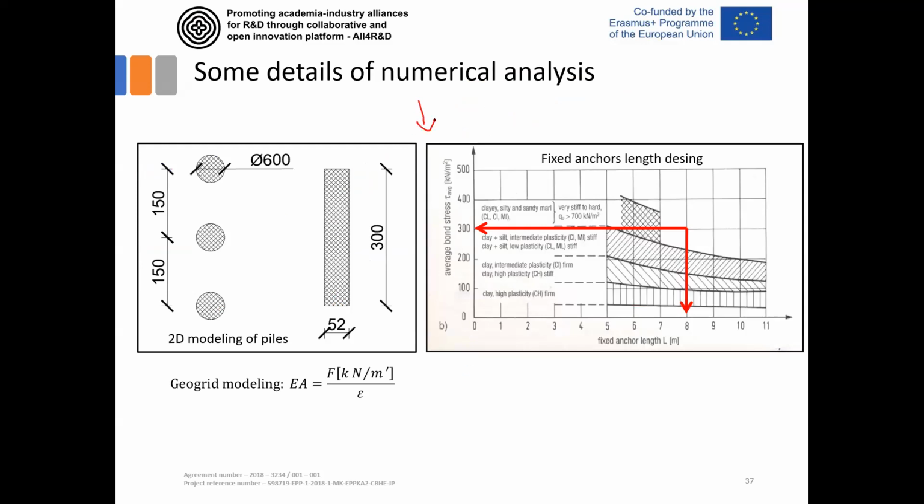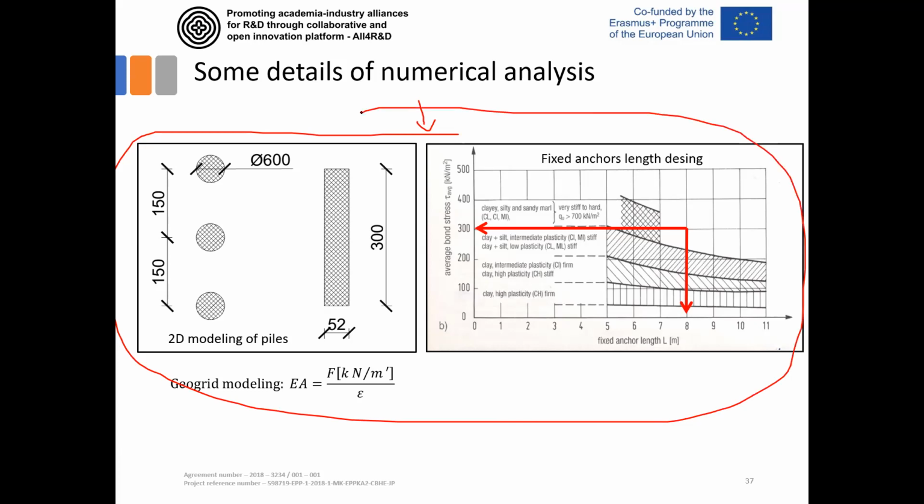In the following section, a lot of details of the numerical modeling were presented. I'll not spend a lot of time and detail discussing it. You can check it in your office if you're interested, if you need to do some similar calculation. What is shown here is the modeling of the piles.